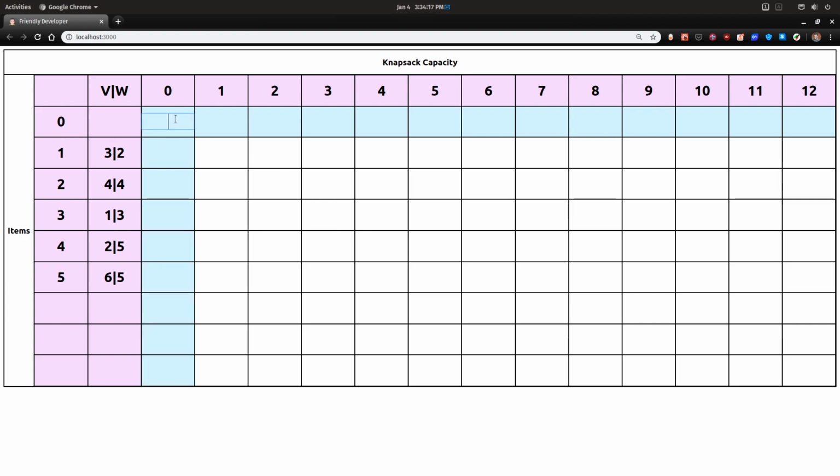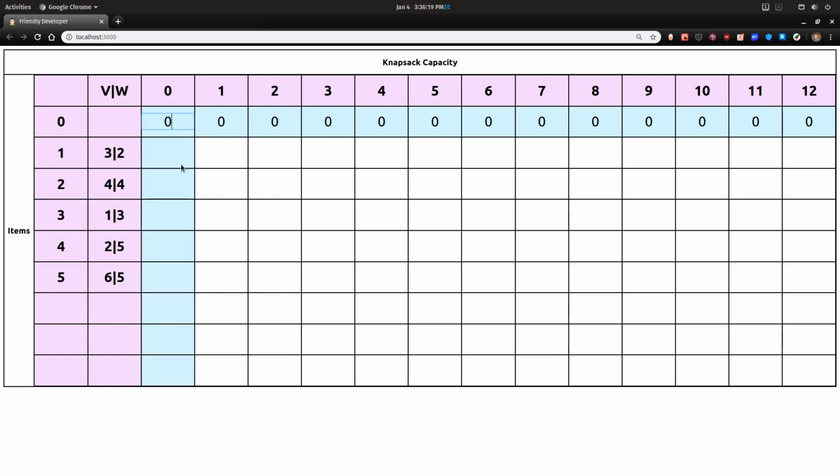Now starting with the first row where no items are considered. If there are no items, you can directly say that the value will be 0, because whatever the capacity of the bag, we are not considering any item, so all the values will be zeros. This is the first step that you need to take when you are solving any DP problem in a bottom-up approach. You first start by filling out all the cells corresponding to the smallest subproblem, that means the edge case or the base case.